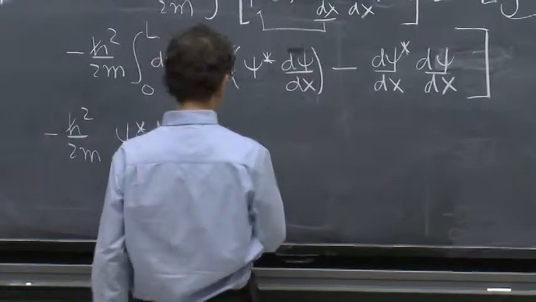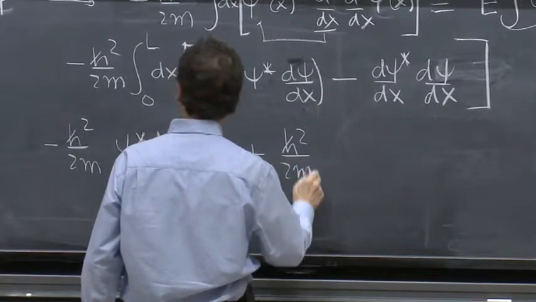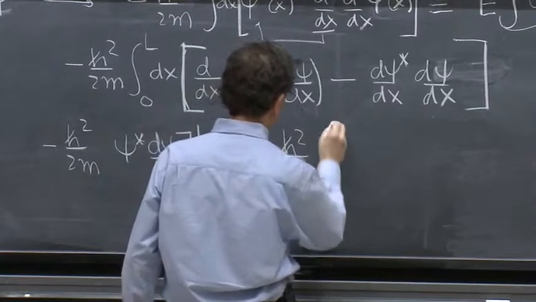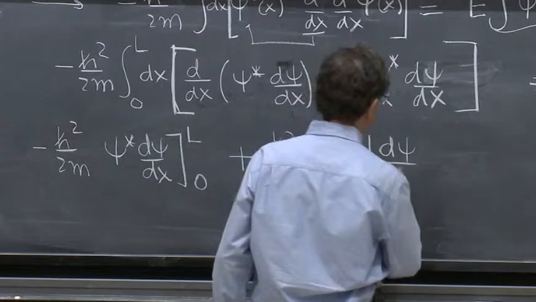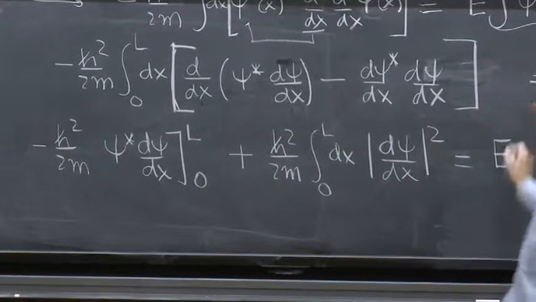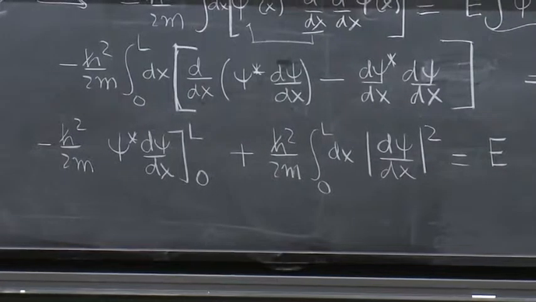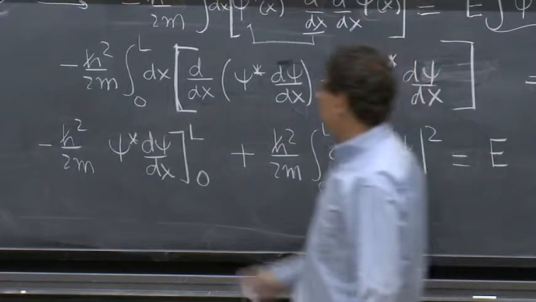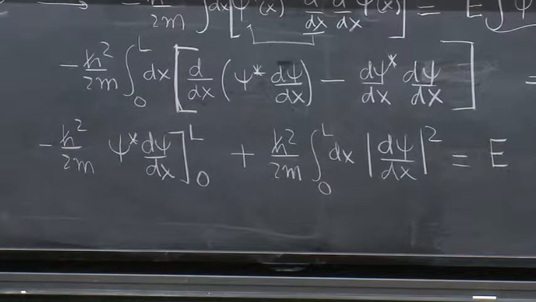And then the minus signs cancel, so you get plus h bar squared over 2m, the integral from 0 to L of dx, the absolute value of d psi dx squared, equal to E. And therefore, this boundary quantity is 0.